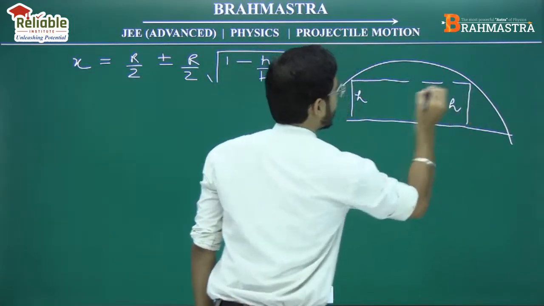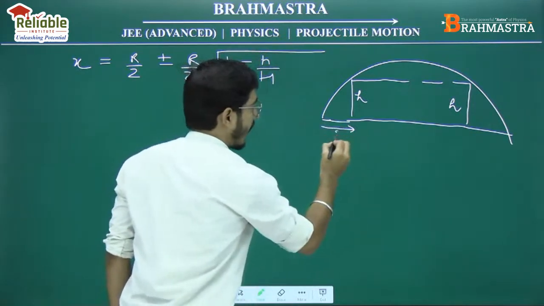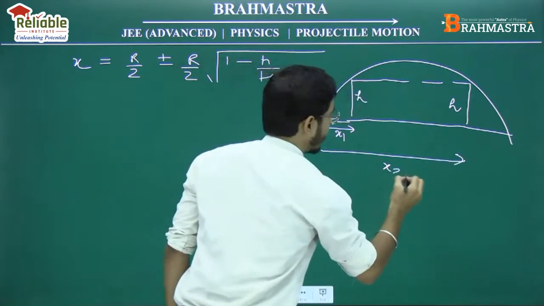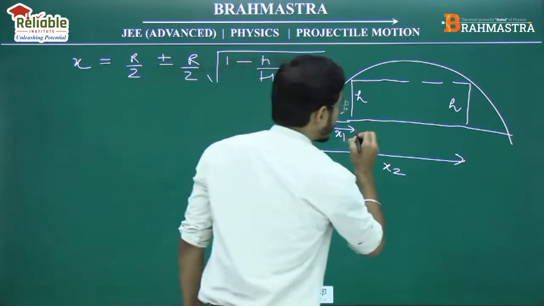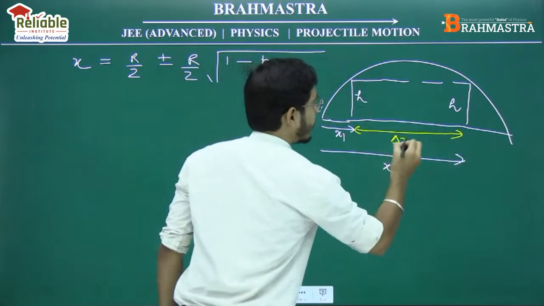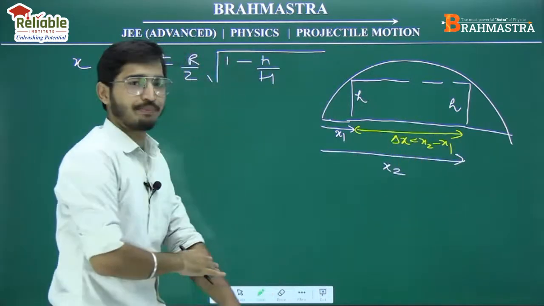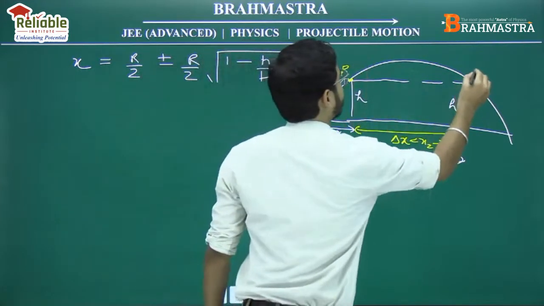This height is first achieved at position coordinate x1 and then at position coordinate x2. This particular interval is called delta x, or x2 minus x1. Let's call this x2 minus x1, between this point P and this point Q.